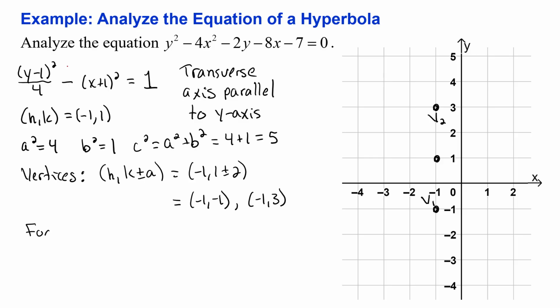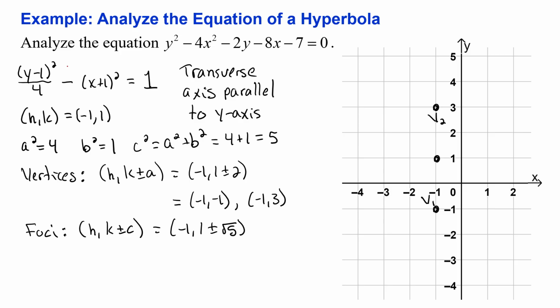Now let's find the foci. We know they are a vertical distance of c from the center along the transverse axis. Since c² equals 5, the foci are √5 units from the center. Therefore, the foci are located at the points (h, k ± c), which is (-1, 1 ± √5).